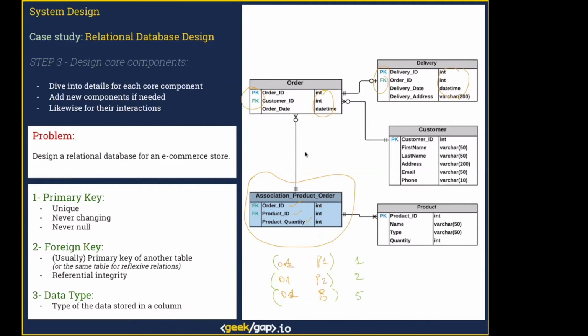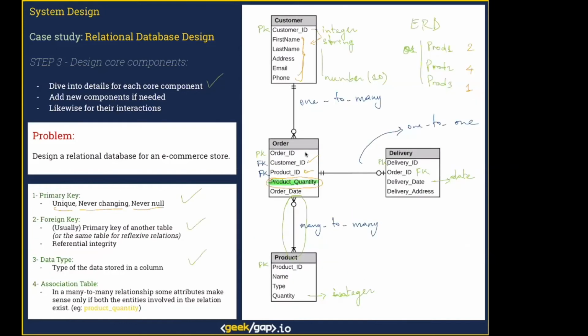It's very, very important. To wrap up on this, with this design here, we are stuck. We cannot store this information. This is not possible. We are forced to have the same quantity for all the products.